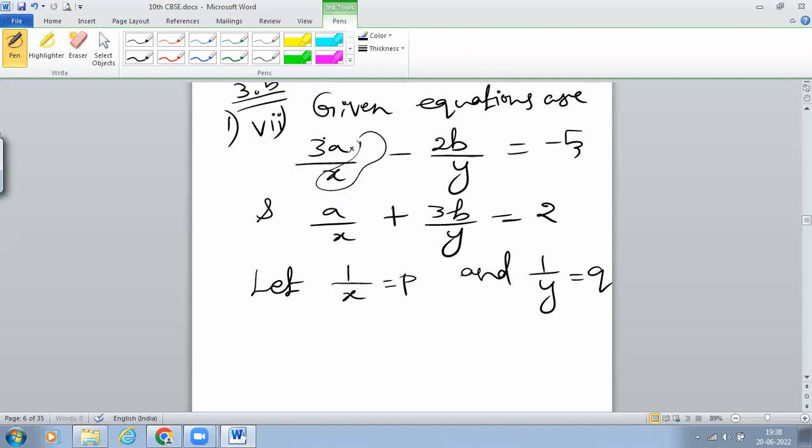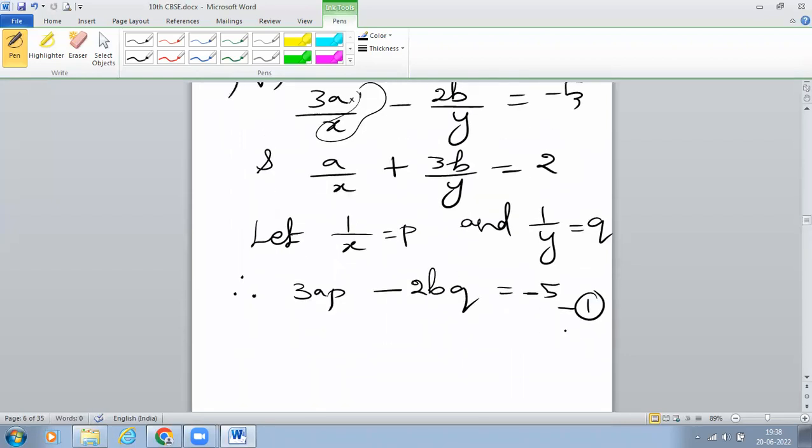So we can write 3a into p. Yes or no? Yes, sir. So we will get 3a into p minus 2b into 1 by y. 1 by y is q. So minus 2b into q, which is equal to minus 5. This is equation number 1.